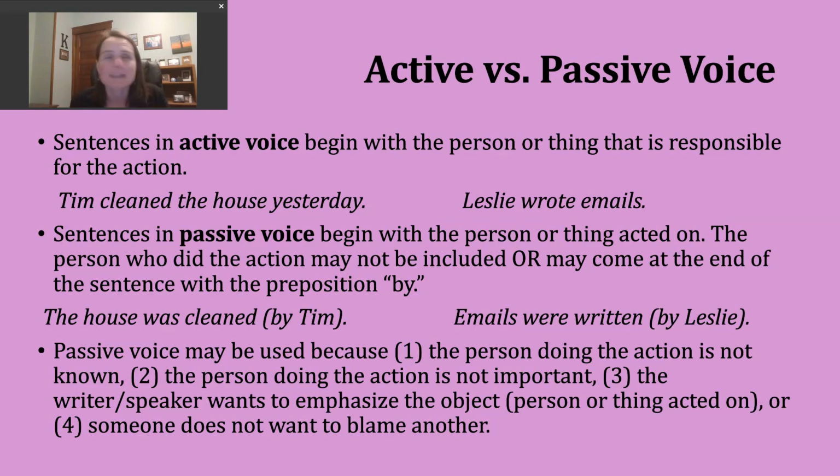Another reason some people use the passive voice is to avoid blaming people. So when we have kind of a bad event or a bad result of something, instead of saying, this person did the bad thing, right? You can say, a bad thing happened, right? And kind of avoid assessing or assigning blame.